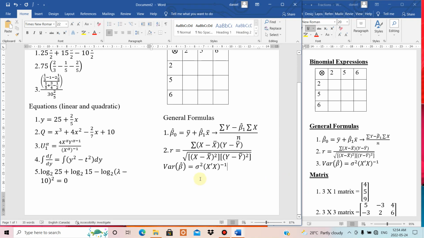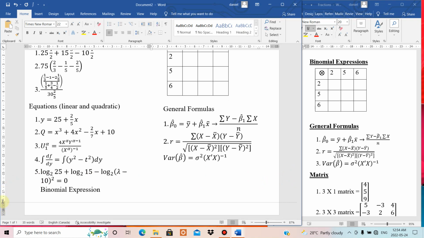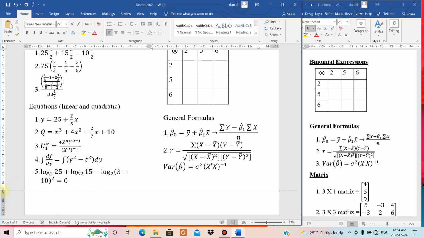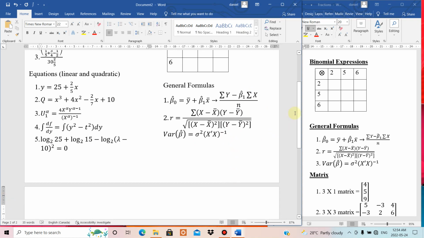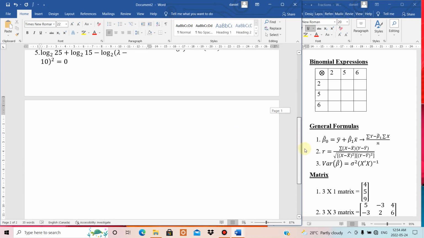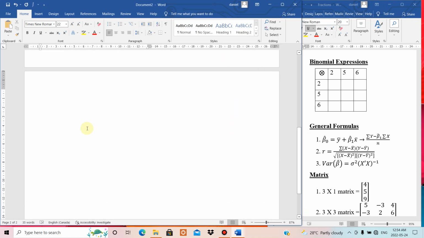The last is our matrices. So let's move to another page and do our matrices on that page. So matrices.